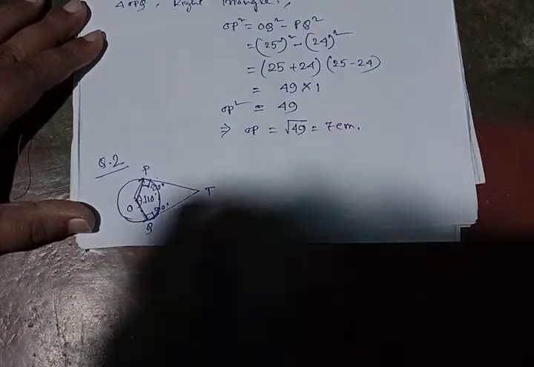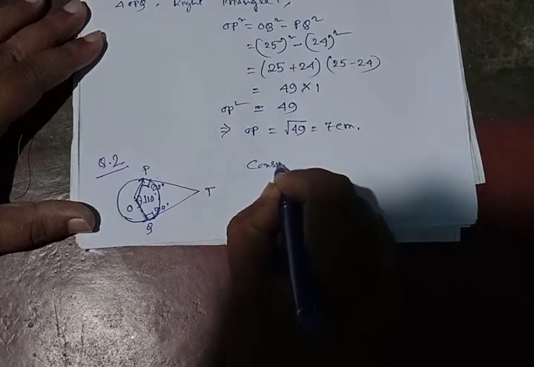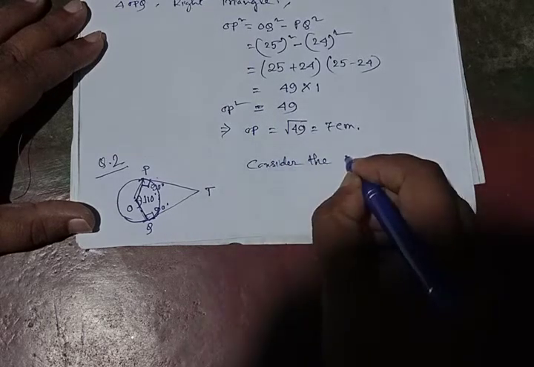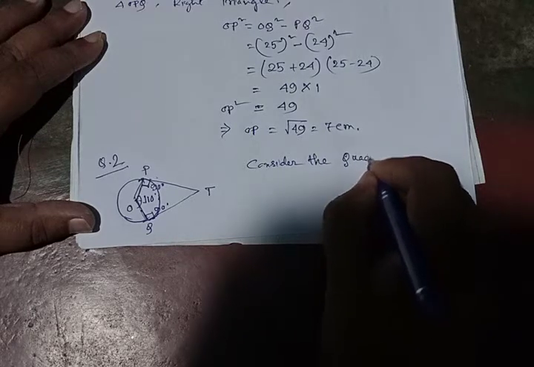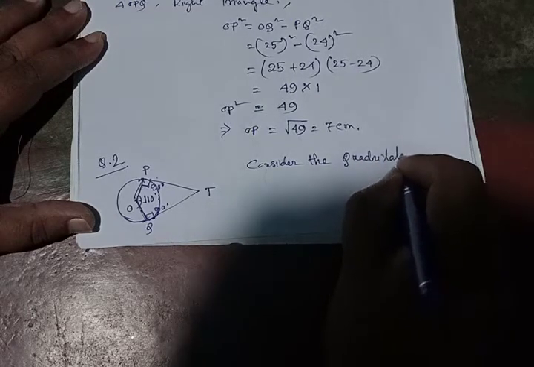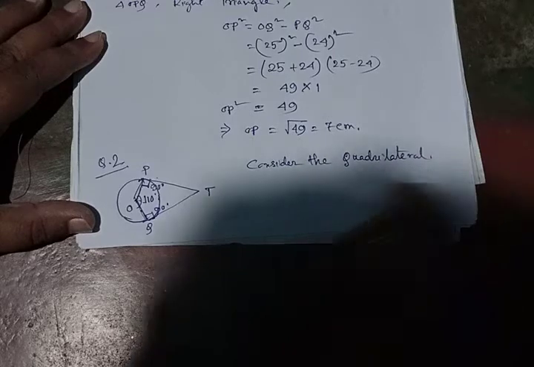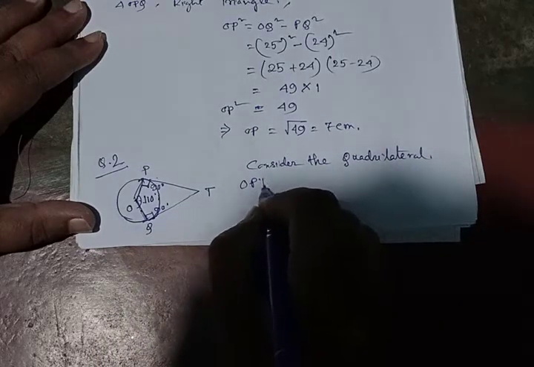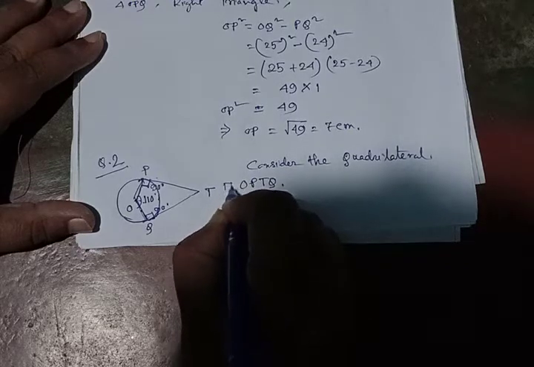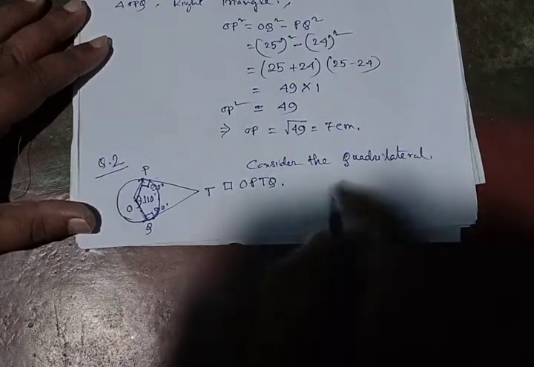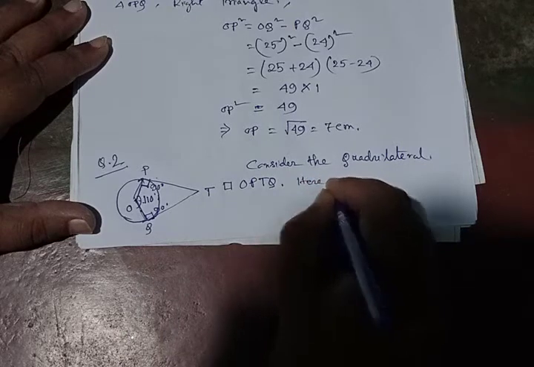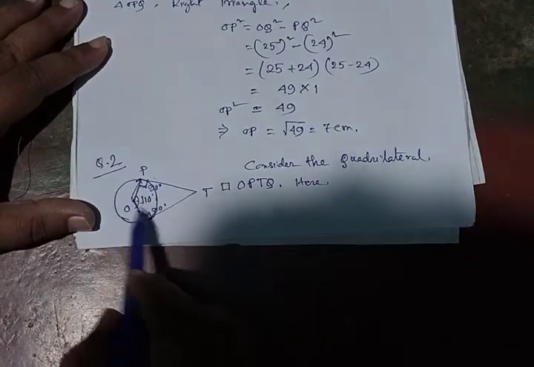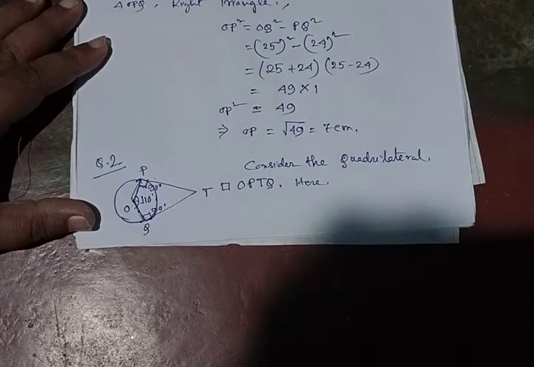So now consider the quadrilateral OPTQ. Now from the angle sum property of quadrilateral, what do you know? That the sum of all the angles of a quadrilateral is 360 degree.